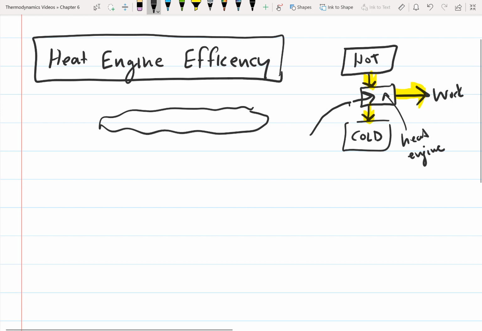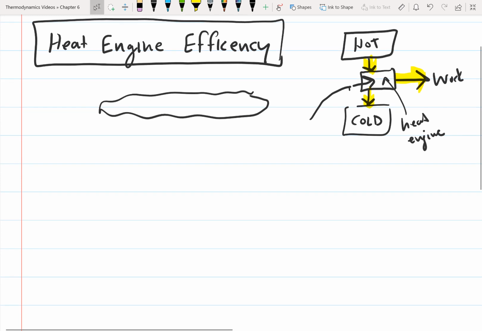We're going to work on that in the next few videos. In this video, I'm mainly just going to be talking about heat engines and develop a relationship for the heat engine efficiency. And then it's that efficiency that we're going to be able to use to determine if our cycle violates the second law. So what we want to do is look specifically at what's in the box.